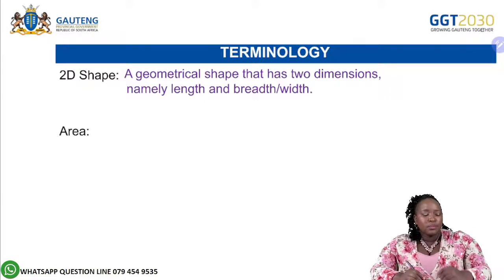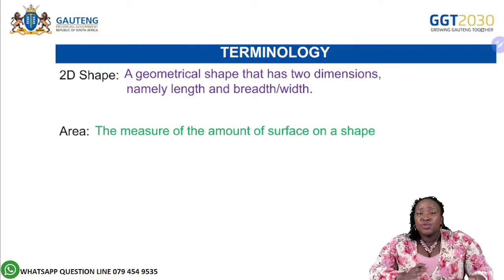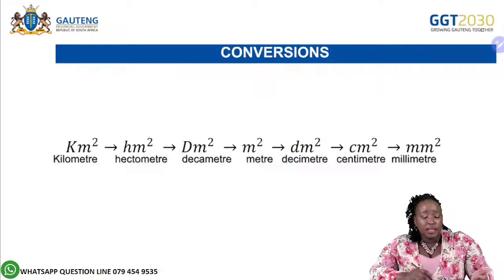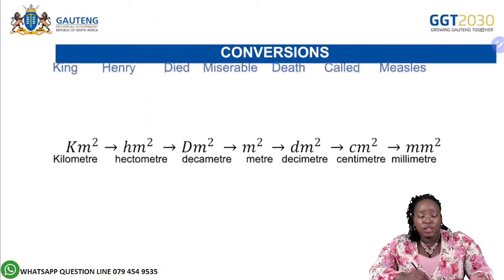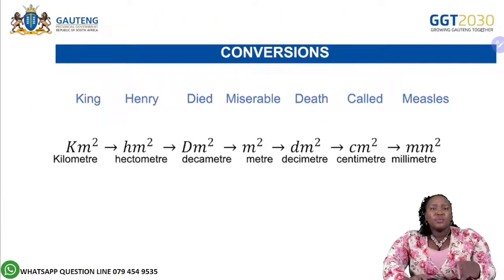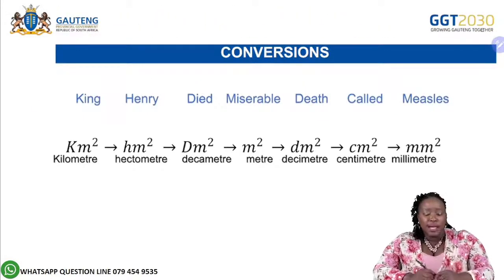Okay. And then you have area. Now, area, we're measuring the amount of surface on a shape, right? So hence we are looking at these 2D shapes. Some things you need to remember with your conversions, right? I think you still remember this mnemonic. King Henry died a miserable death called measles.